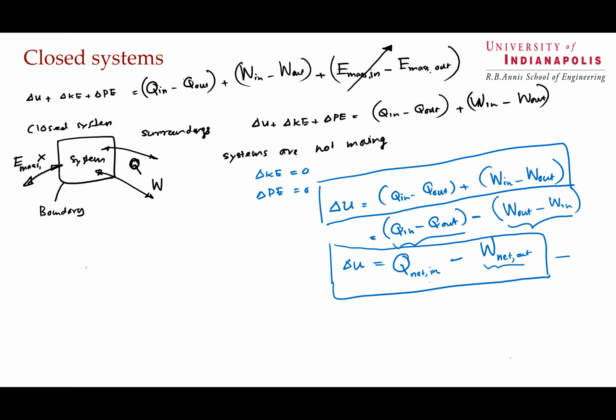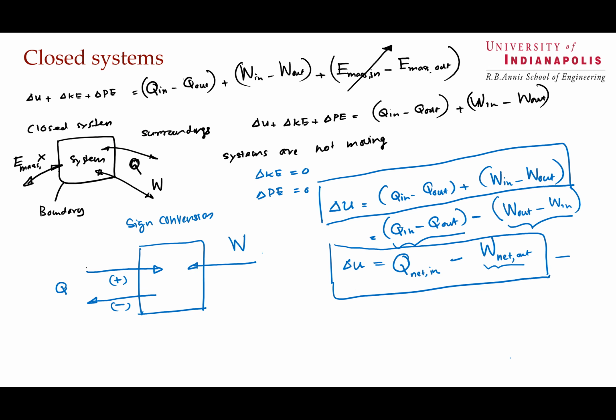As for the heat input, if you consider a system, the sign convention is for heat, Q, input is positive and output is negative. For work, input is negative, output is positive.